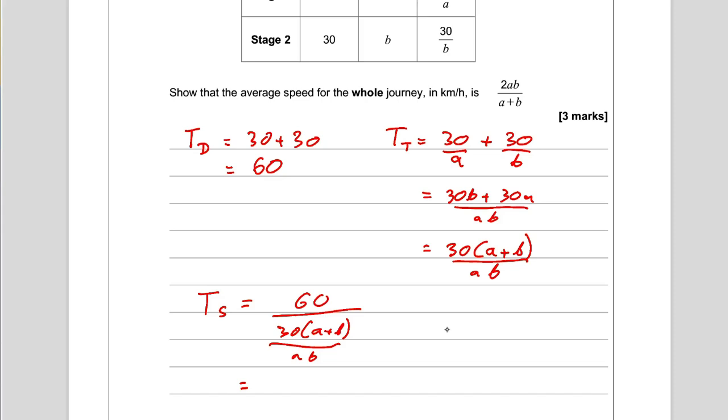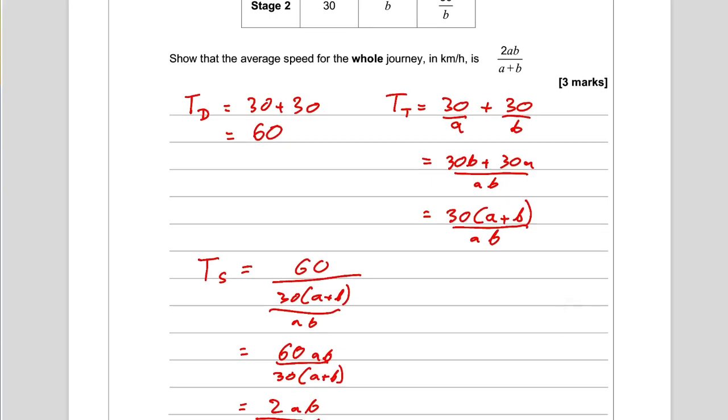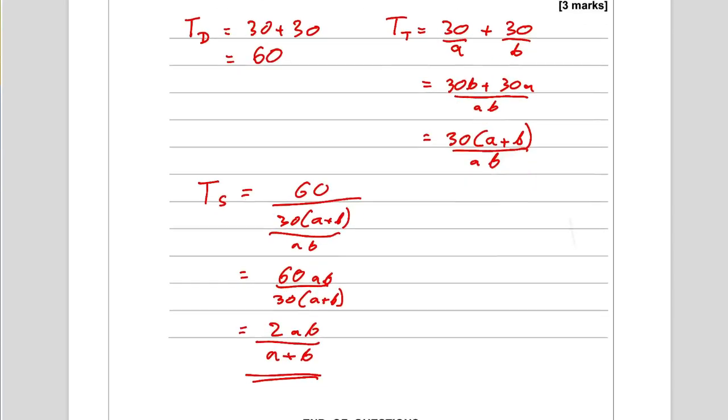So that's going to become 60AB over 30 lots of A plus B. And then we can cancel down by a factor of 30, so that would be 2AB over A plus B, which hopefully is what we were asked to show. That is what we were asked to show.